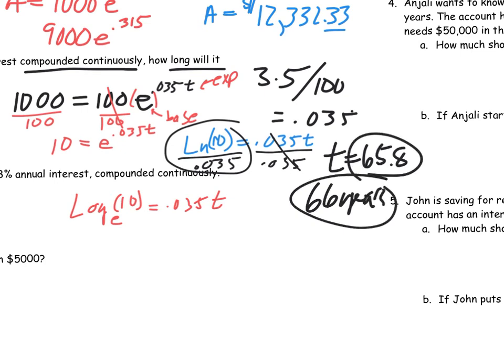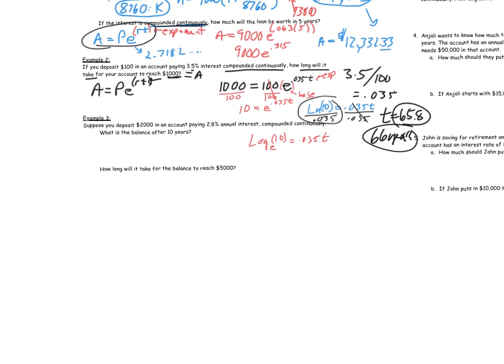So 66 years before that $100 will turn into $1,000 if it's at 3.5%. So it takes a long time to get your money 10 times the value, 66 years, so you want a higher percentage rate for things like that. Okay, let's finish this up.